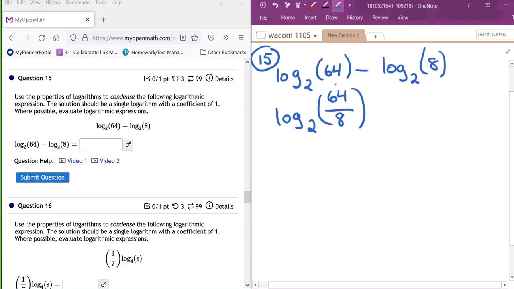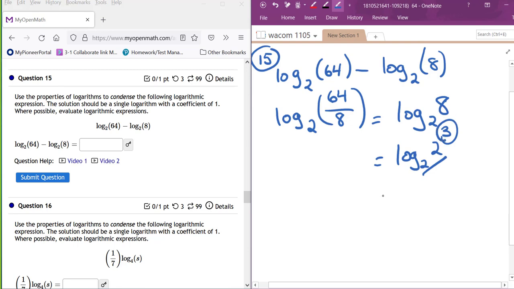And it's okay to go ahead and do the math here. Actually, that is what you need to do. So 8 will go into 64 8 times. So this gives us log base 2 of 8. And this we can simplify because 8 is 2 to the third. These are the same. Answer is the exponent.